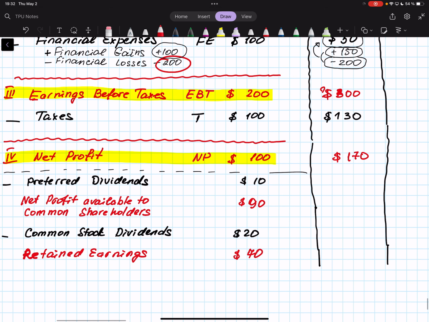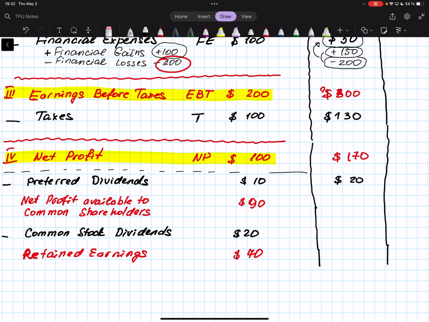The preferred dividends will probably remain the same, $10. Net profit available to common shareholders. Maybe not 10, let's make it 20, a little more, because it's a better year, more dividends to preferred stockholders.